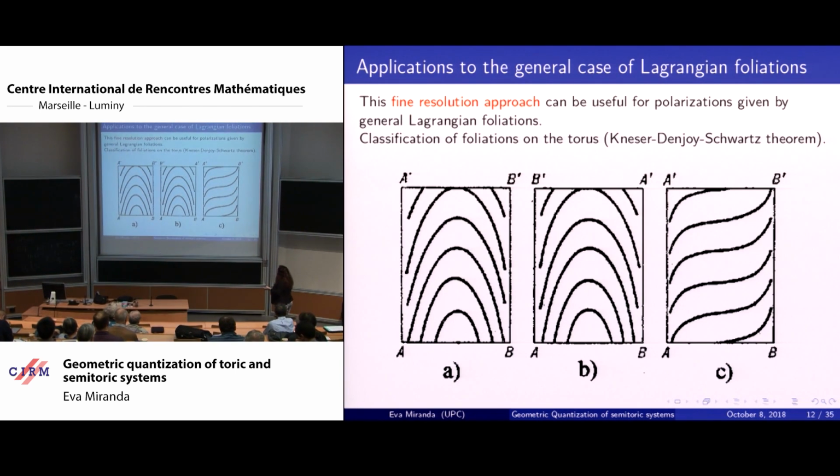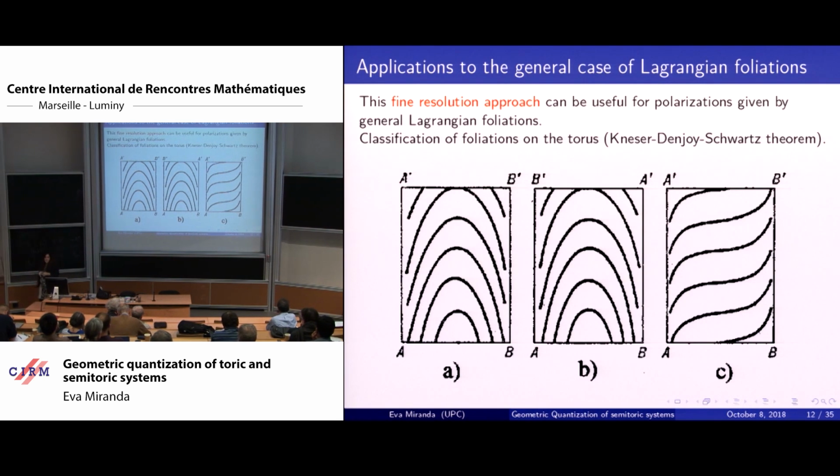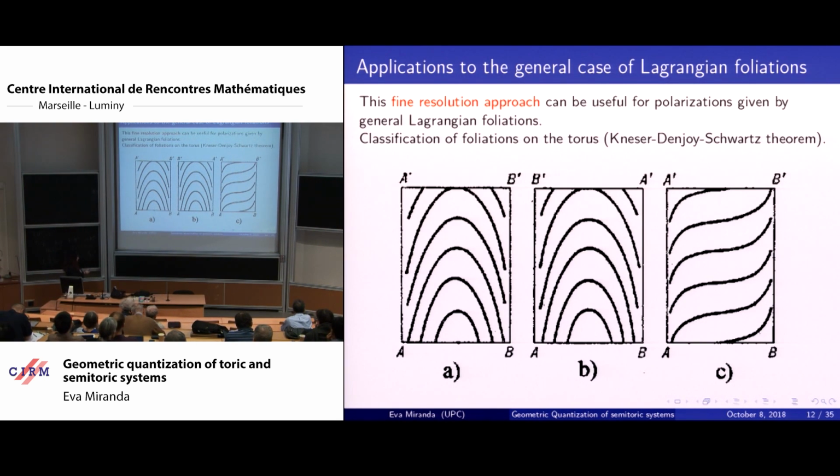This is a theorem where you have a classification that tells you that you have either some periodic orbits, and then you have some places in which you have these kinds of Reeb components. So essentially, if you have the right tools and you can just chop your manifold and understand each of the areas, maybe there is a hope to compute the sheaf cohomology.